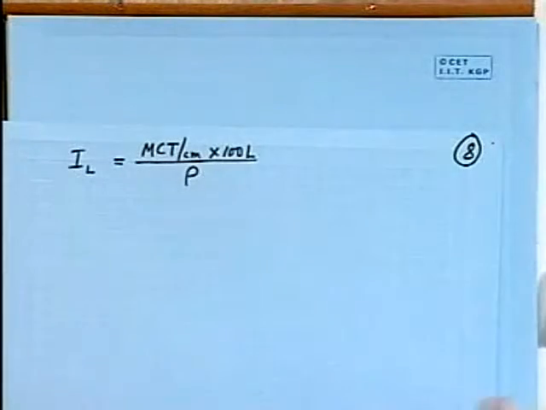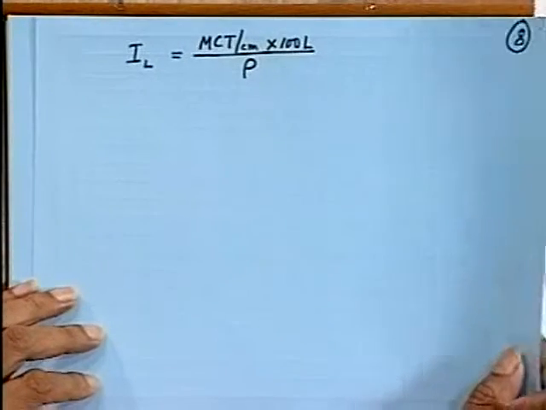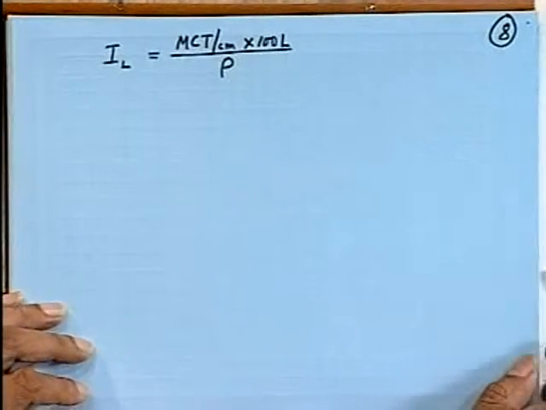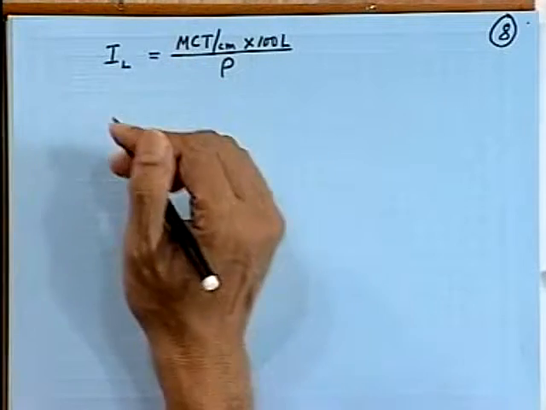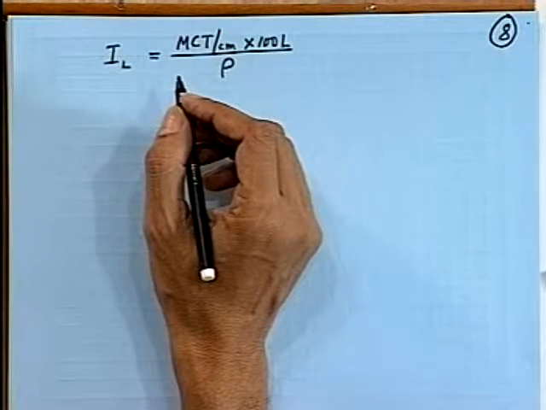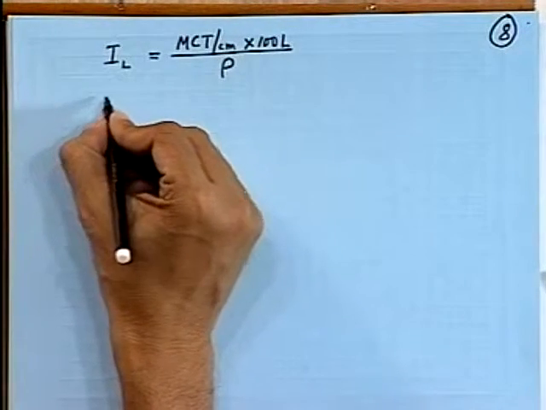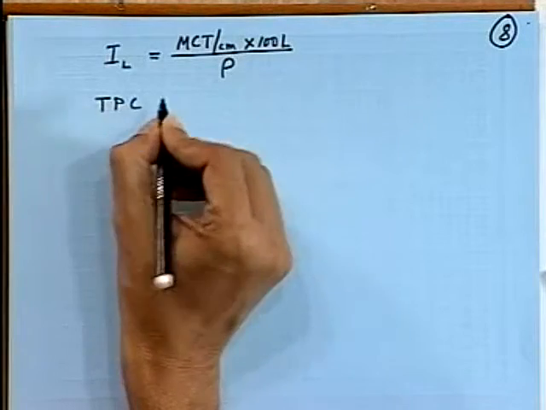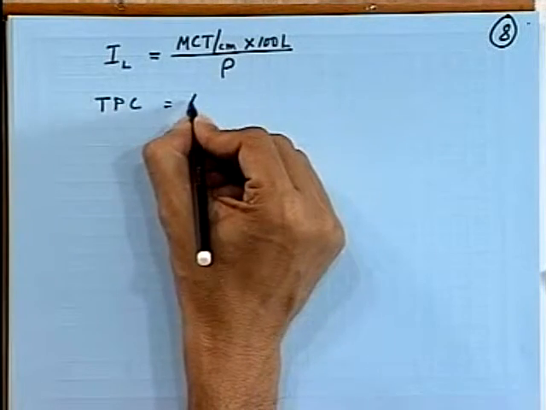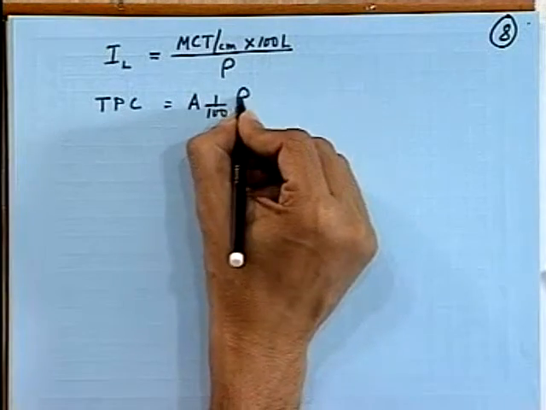Now, what is the TPC value? TPC in terms of area, tons per centimeter, is equal to A multiplied by 1 over 100 multiplied by rho.